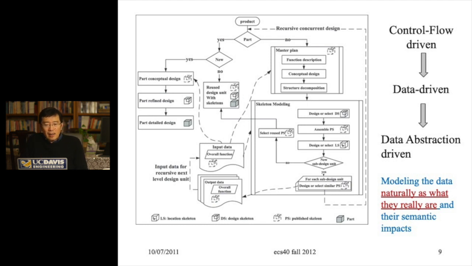So I use a sentence here to tell you that in object-oriented modeling, or the object-oriented paradigm, when you want to solve a real problem, what you really want to do is model the data naturally. Naturally means that it's not something you artificially create or design, but you try to model the data closest to the truth, to the reality of the object or the relationship represented by the data.